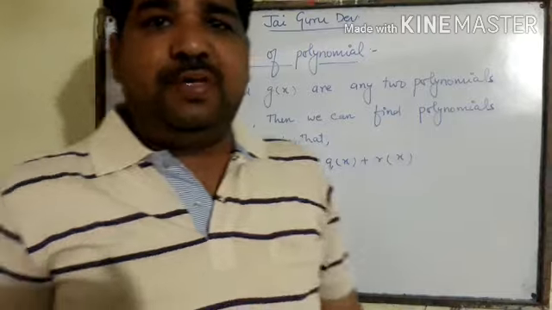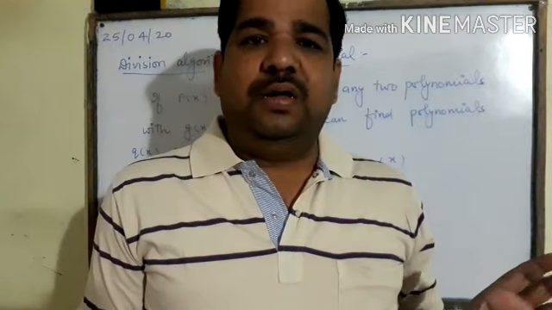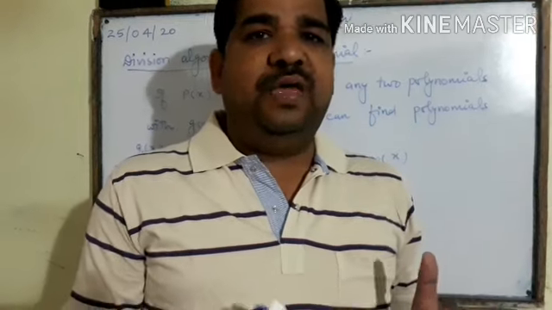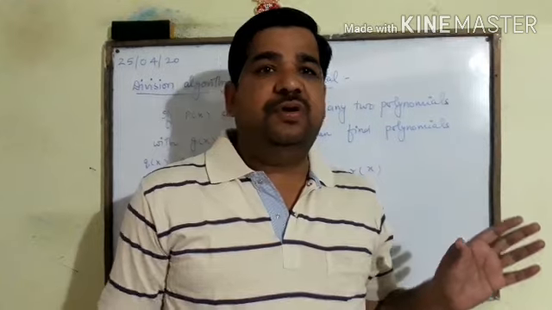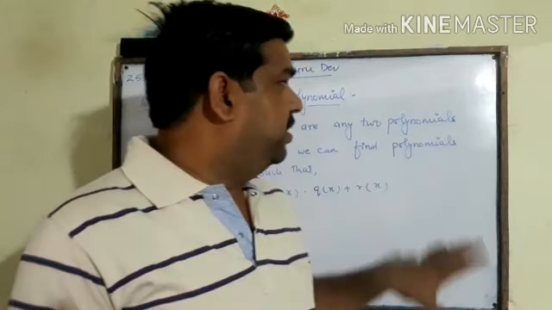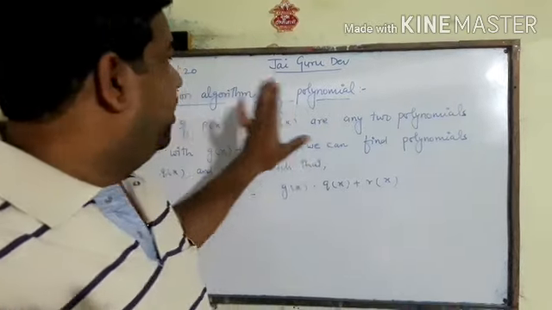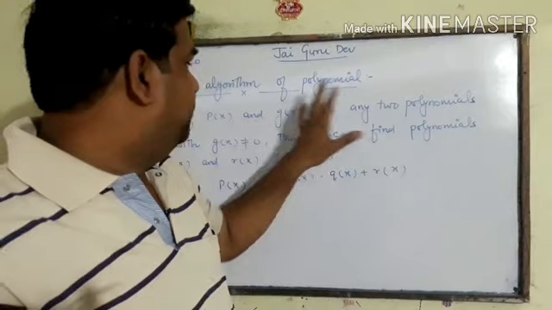If we recall the previous topic of the first chapter, Euclid's division lemma, in that lemma we applied the same concept to positive integers. But when we read this topic in this chapter for polynomials, it is the division algorithm of polynomials.